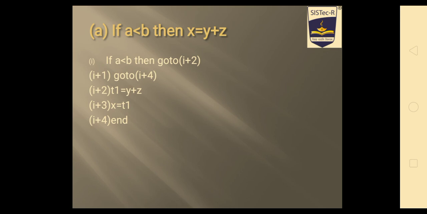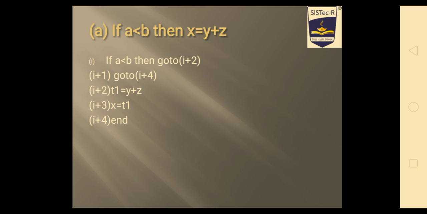Okay. Next one, I plus 1. If the condition is wrong or not satisfied, then go to I plus 4. I plus 4 means the end, so nothing for execution. Next, at label jump I plus 2, T1 equals y plus z, because for x equals y plus z you can write a maximum of 2 operands and a single operator in three-address code.